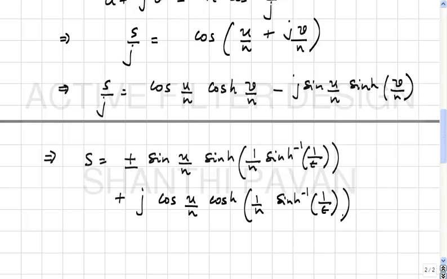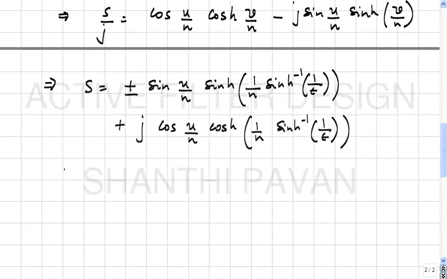The plus minus on the sin hyperbolic inverse doesn't make any difference because the cos hyperbolic is an even function of the argument, so it doesn't matter. Okay, and what values does u take on? U must be (2m plus 1) into pi by 2, where m goes from 0, 1, 2, 3, and so on.